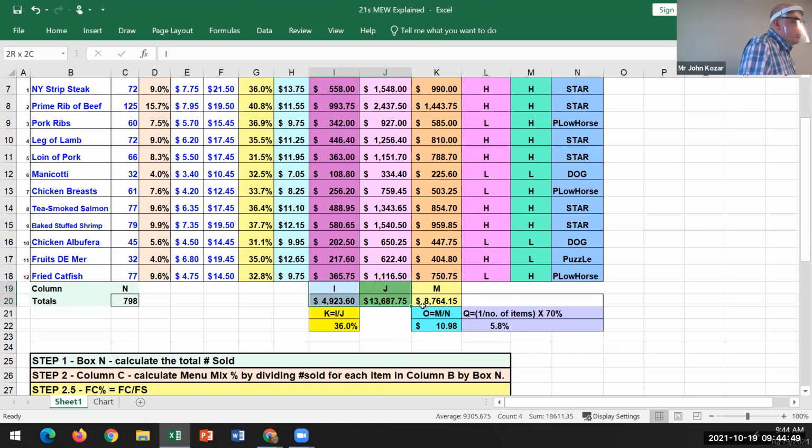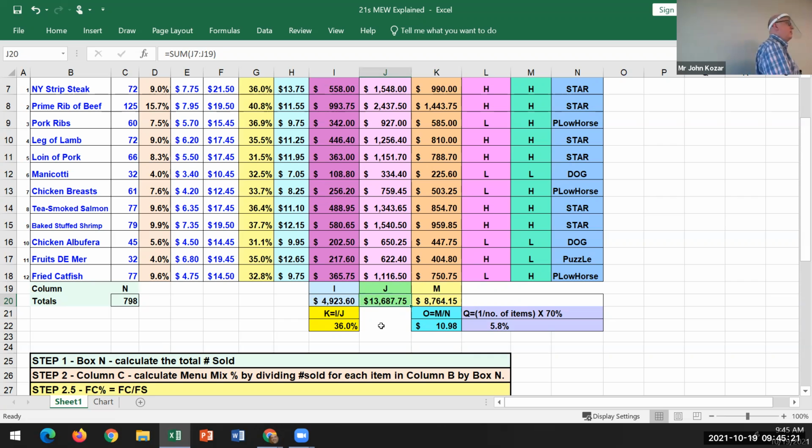If you look at these three numbers, they always have to add up: your variable cost and your contribution margin have to add up to your total sales. So this 4,900 plus the 8,700 is equal to the 13,687.